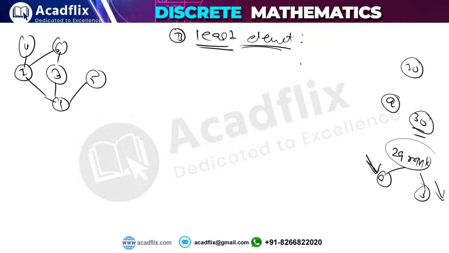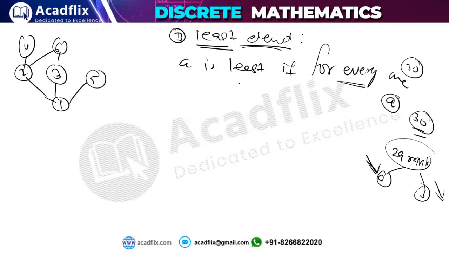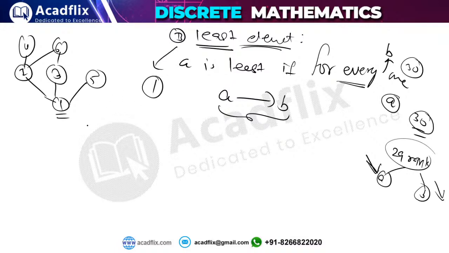So I can say it like this: A is least if everyone is above A. That is, for every B, B is above A. Then we will say that A is least. In our example, this one is least element because everyone is above 1.